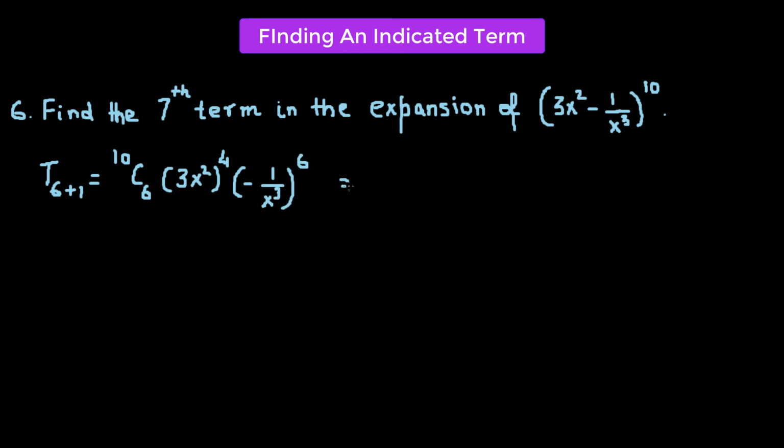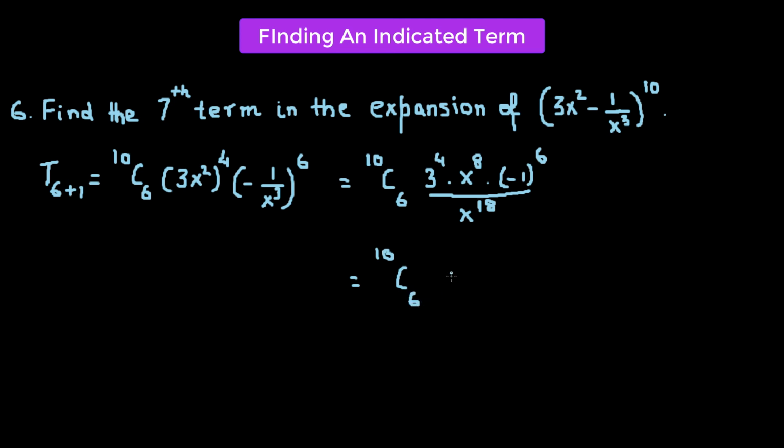So this is equal to 10c6, 3 raised to the power of 4 times x squared raised to the power of 4. So 2 times 4 is 8, times negative 1 raised to the power of 6. And the whole thing is divided by x raised to the power of 3 times 6, which is 18.